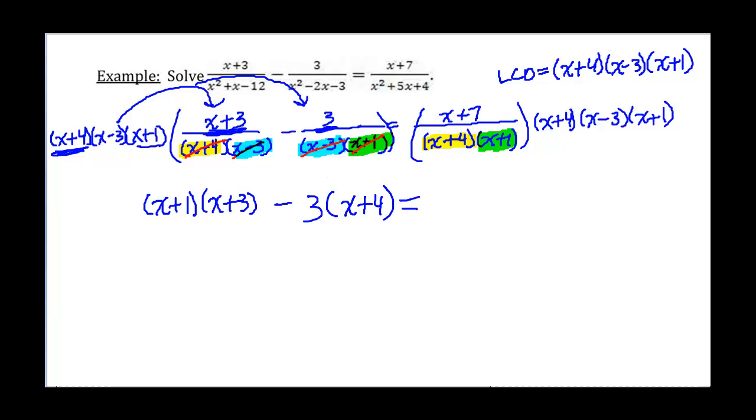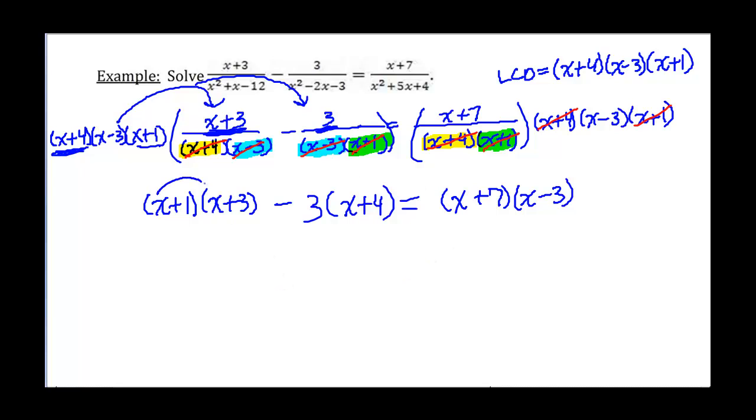On my right-hand side, I will cancel and mark off the x plus 4s and the x plus 1s, and so what we're going to be left with is x plus 7 times x minus 3, okay? And just so we are aware, this is an x here. Let's erase that. And we get this right here.